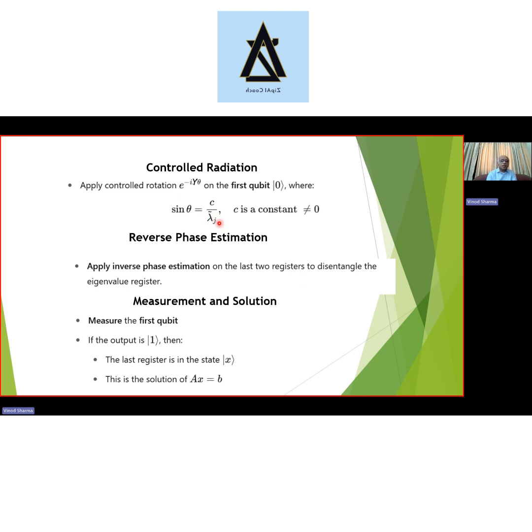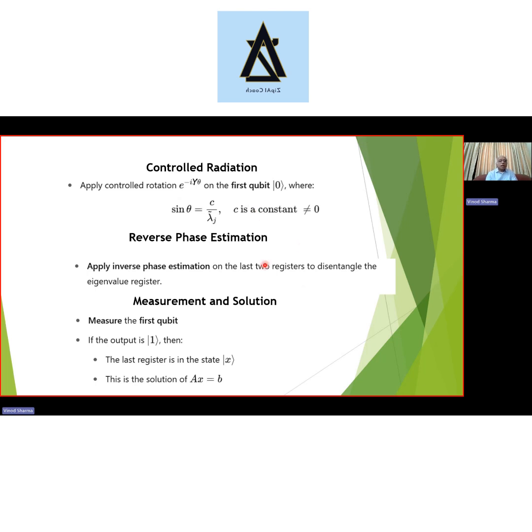We are writing λj tilde because this is an approximation of λj that we get from the phase estimation algorithm. Remember, the phase estimation algorithm gives an approximation of the actual λ's. And c is some nonzero constant which we fix a priori. So this is the next step.